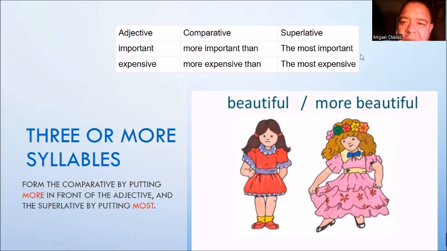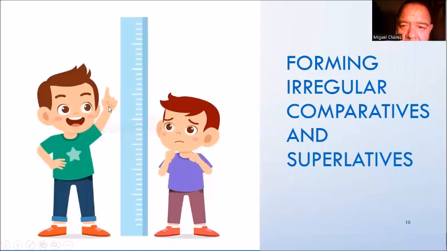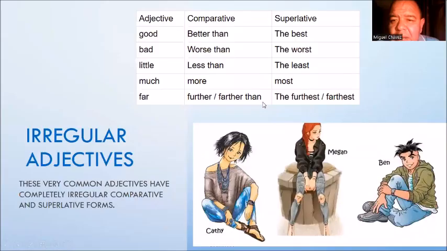Superlative, the most important. Expensive, more expensive than, the most expensive. If you check these adjectives, we don't add er. We use the word more before them. Adjectives of three or more syllables form the comparative by putting more in front of the adjective and the superlative by putting most. Beautiful, more beautiful, the most beautiful.